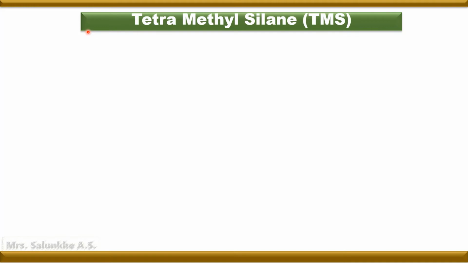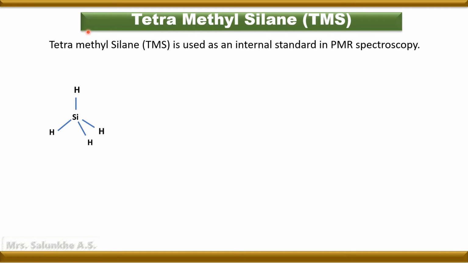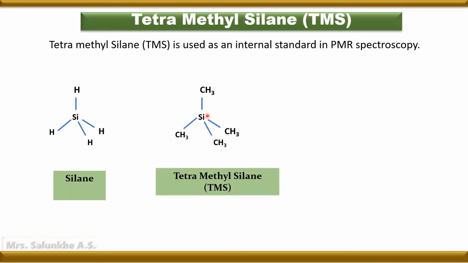Tetramethylsilane is used as internal standard for PMR spectroscopy. This is silane. In case of silane, silicon is attached to 4 hydrogen atoms, similar to methane. In case of tetramethylsilane, silicon is bonded with 4 methyl groups, and those 4 methyl groups are highly shielded as silicon is less electronegative, and all 12 protons are equivalent.